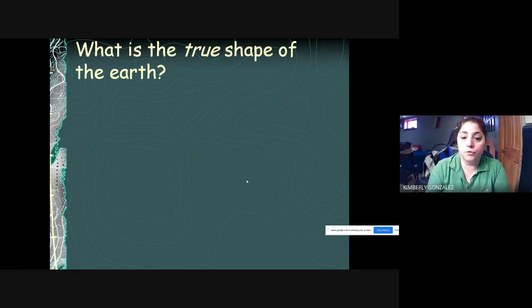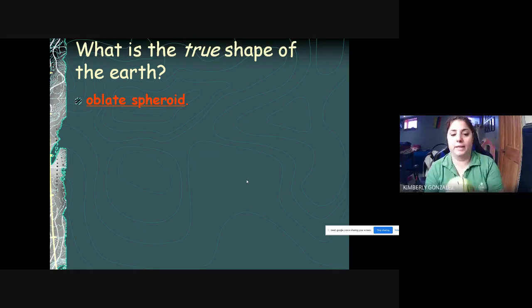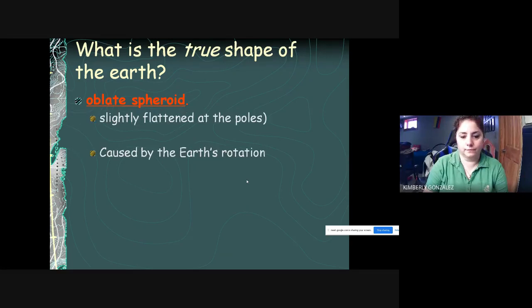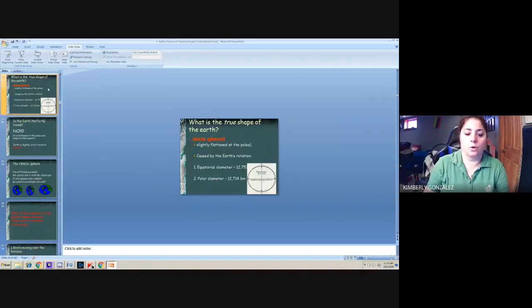The true shape of the Earth is what's known as an oblate spheroid. Spheroid means sphere, oblate means slightly off and slightly bulging. I'm going to show you what that means. So it's an oblate spheroid.